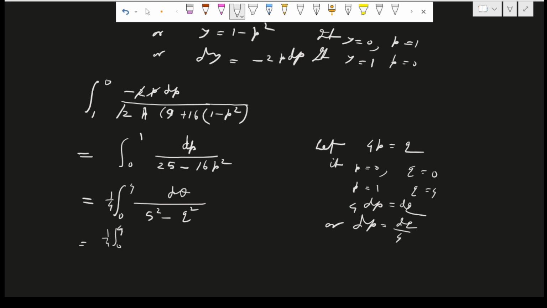Writing here, after simplification, 1 over (5 plus q) plus 1 over (5 minus q).